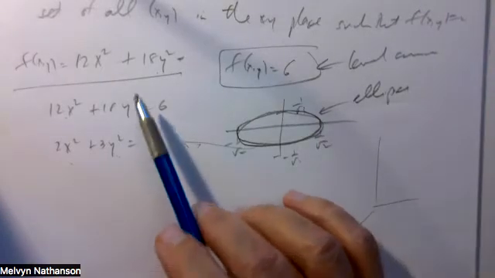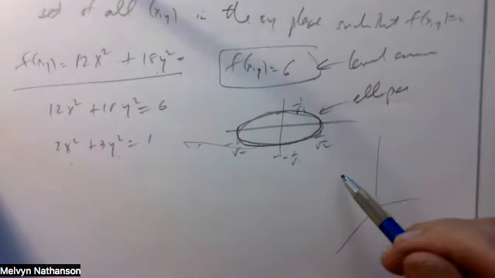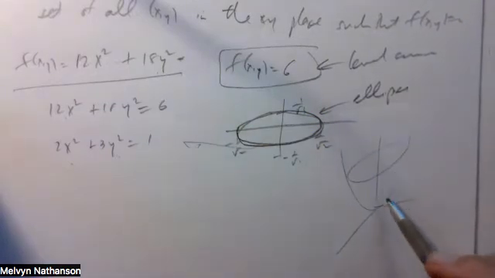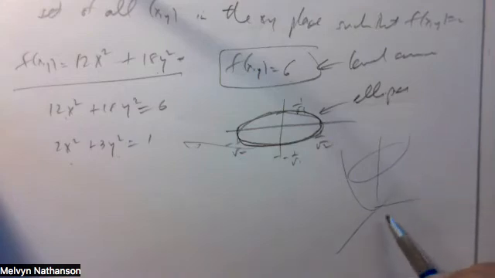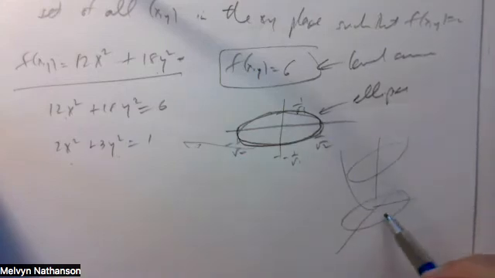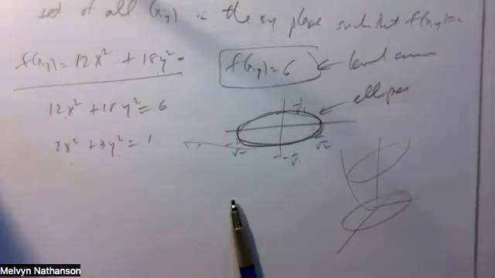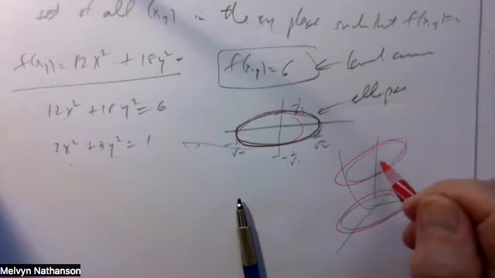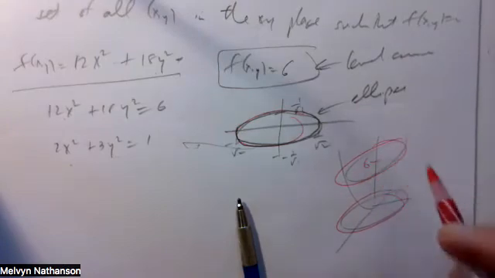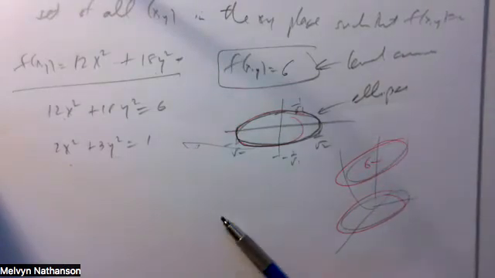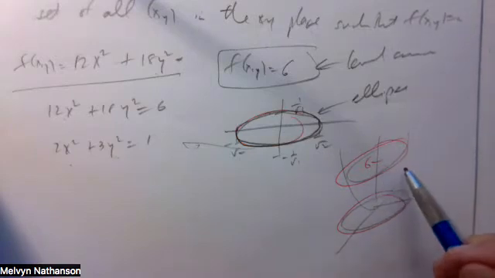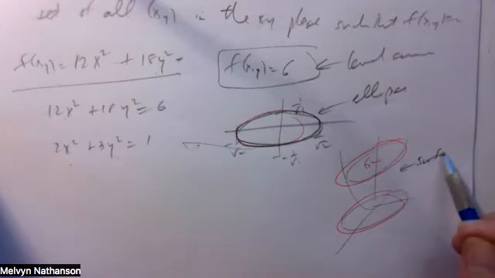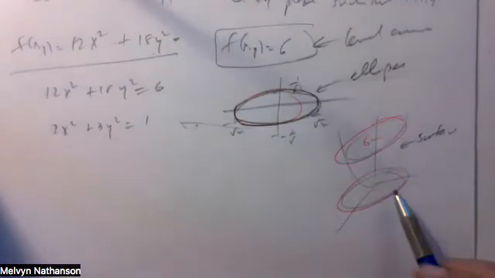If you were to look at the surface this defines, it's some sort of elliptical paraboloid. And here in the plane, we have this level curve. And above that, these are all the points that are 6 units above the xy plane. This is the surface, z equals f of x, y.